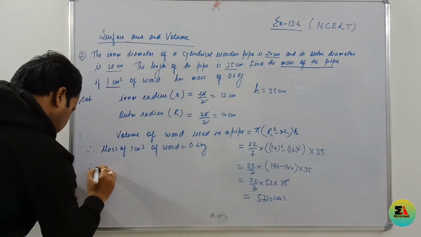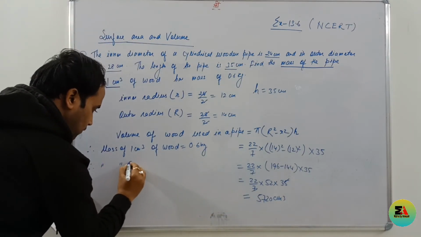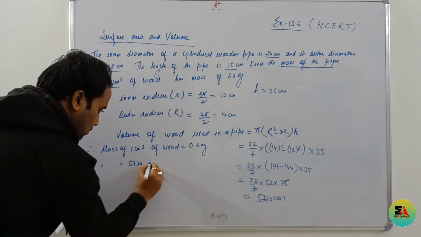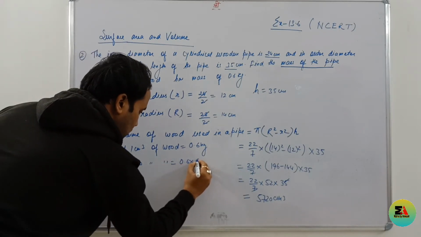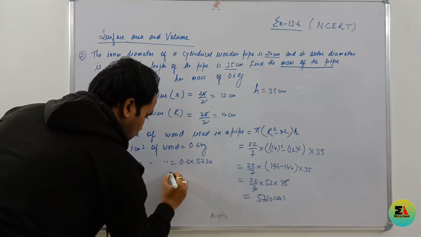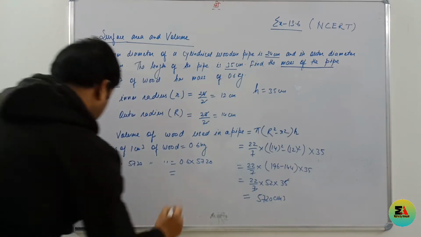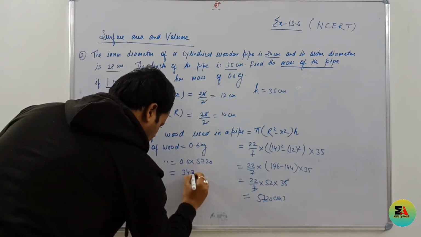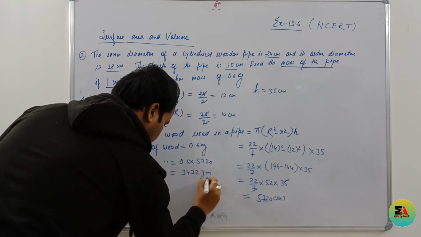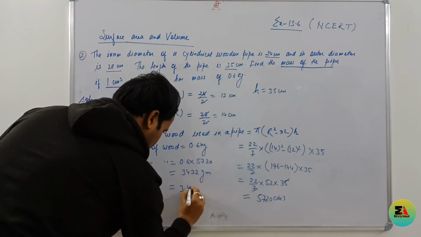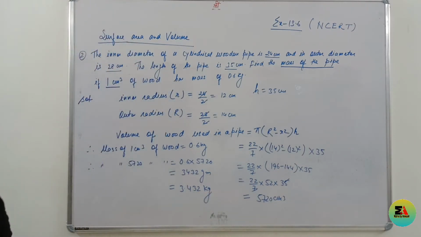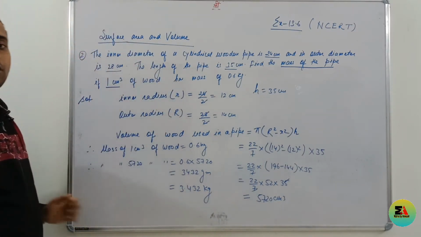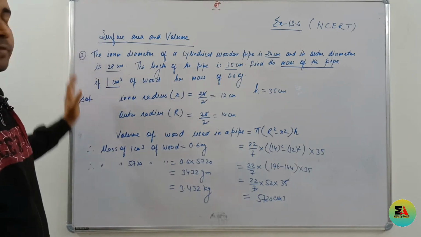Therefore mass of 5720 centimeter cube wood is 0.6 into 5720. Multiplied, it becomes 3432 gram. If you change in kg it becomes 3.432 kg. This is the total mass of the pipe. I hope this one is clear to you.